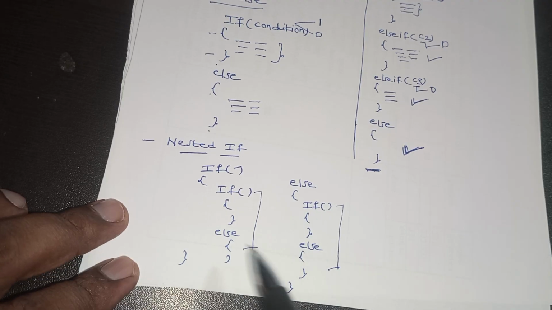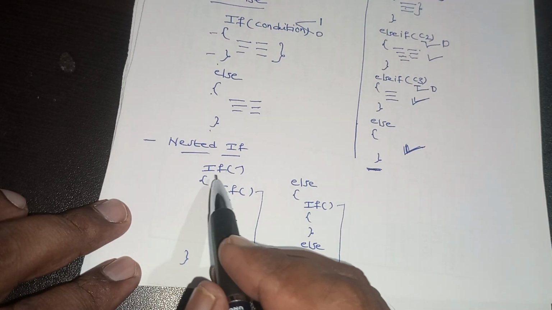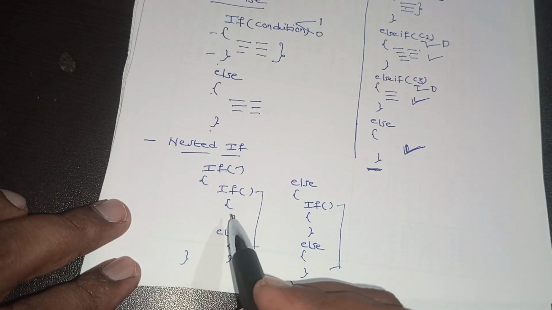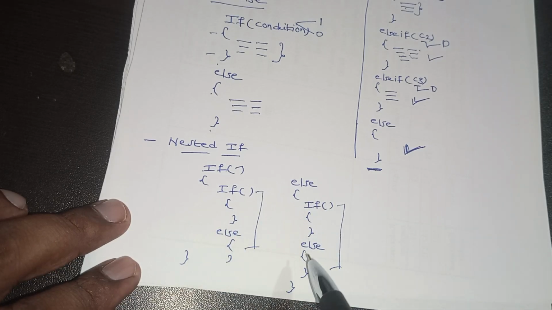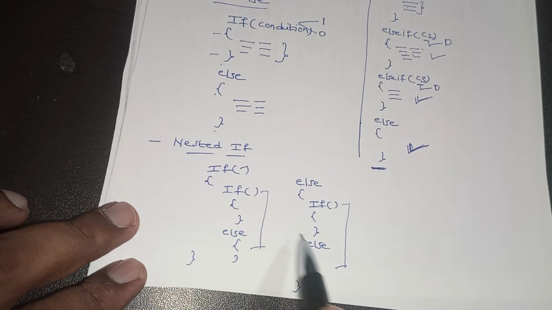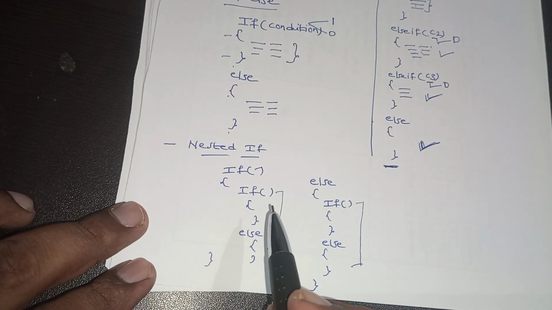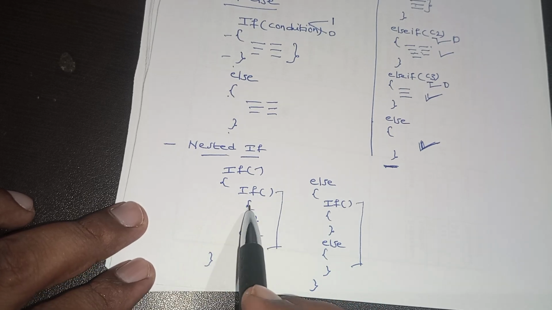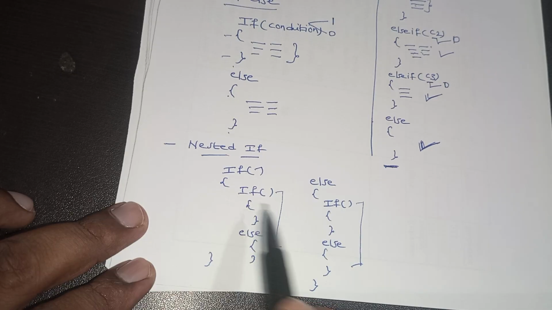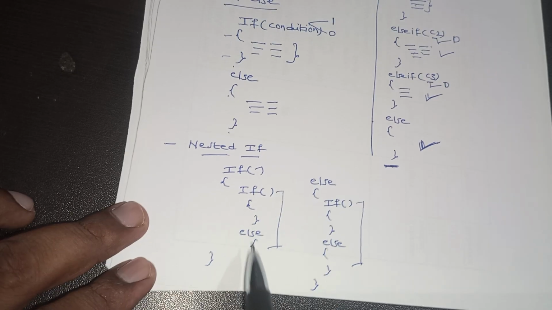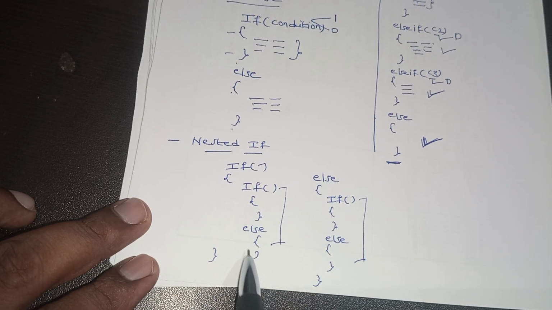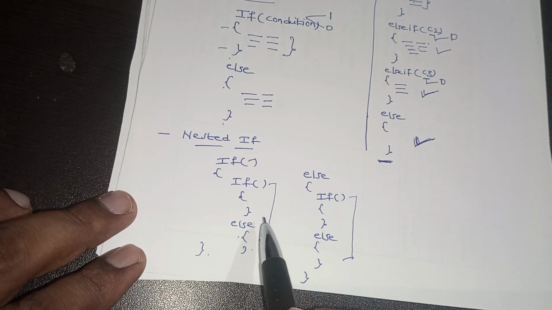That is nested if. The if contains an if else block, and the else contains one more if else block. So you have to count the number of braces. How many have I opened? 1, 2, 3. You have to close 3. So this is what nested if is.